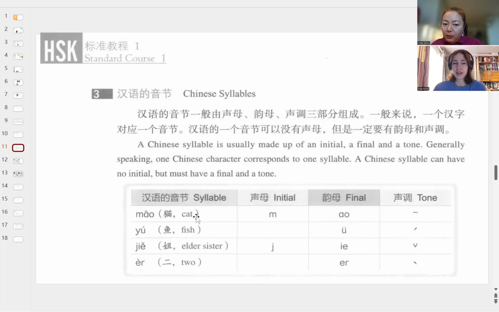If I now change, if I say Mao, if I use this one, so now you can do the initials and finals with tones. You can also pronounce this one. What is this one then?